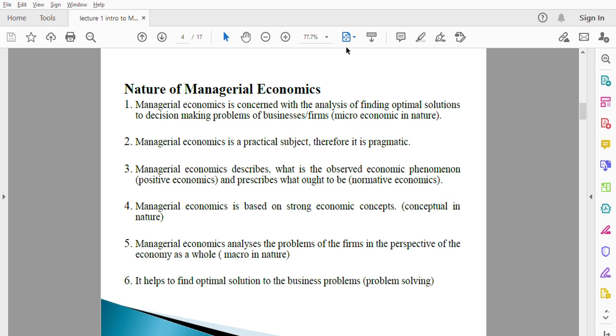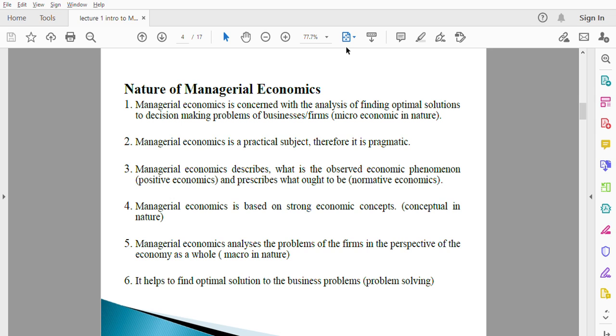You know, in microeconomics, we talk about households and also businesses or firms. So because managerial economics deals with decision-making problems of businesses or firms, it is microeconomic in nature.